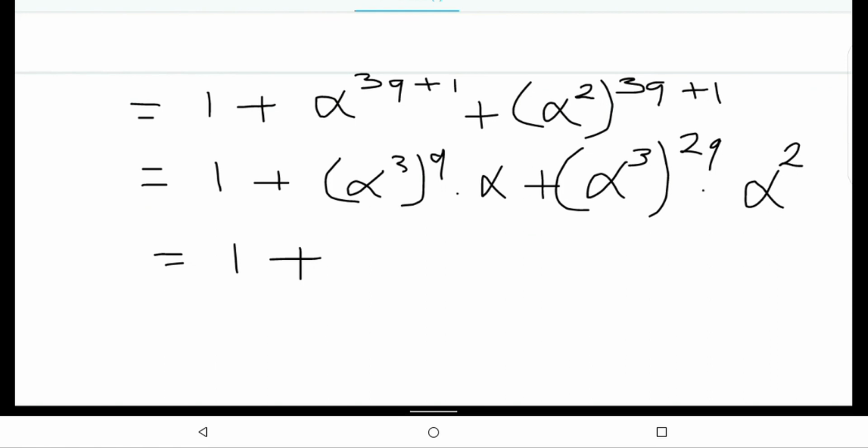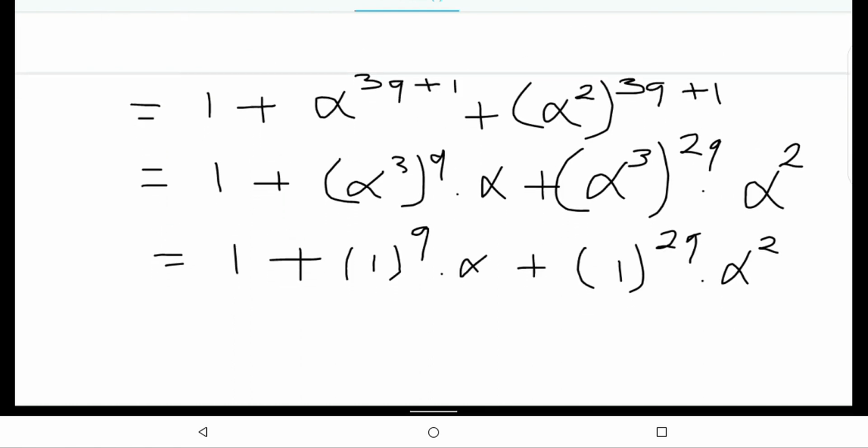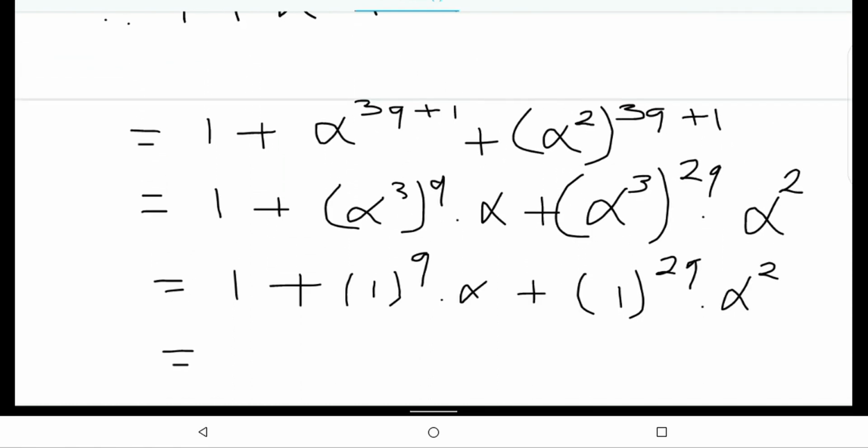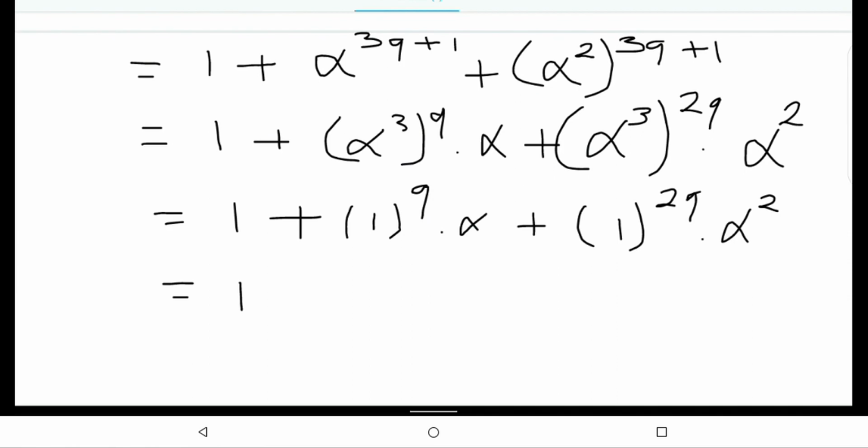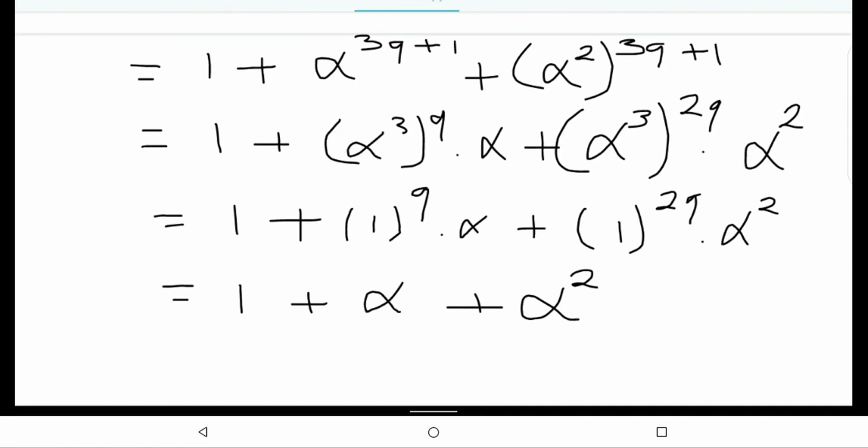So 1 to the power q into alpha, again 1 to the power 2q into alpha square. However, 1 to the power q, q being a natural number 1, 2, 3, 4, or it may be 0 as well, is equal to 1, and 1 to the power 2q is also equal to 1. So we are just left with 1 plus alpha square. Now again, alpha being a cube root of unity, we must have this equal to 0.